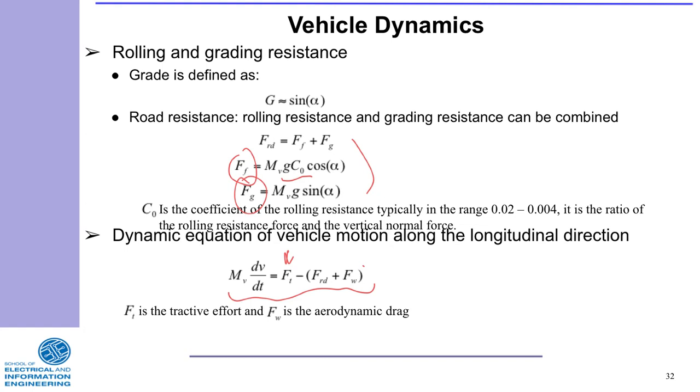If there's a difference in that, there will be acceleration. Okay, because Ft is the tractive force. So which means on a road, one has to think about what is the typical gradient, what will be the maximum allowable gradient on our roads, first of all.